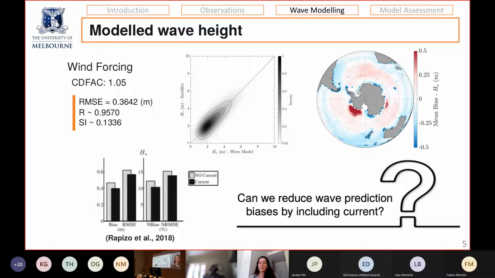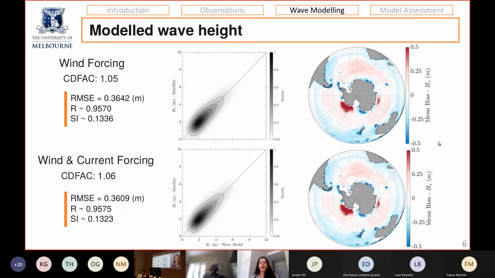Referring to the literature, it is suggested that these biases can be reduced by inclusion of current in the model. So we gave it a try, and bizarrely enough, we realized that there is a slight reduction in the biases in the Southern Ocean, but not much, and the bias closer to the Antarctic continent actually doesn't change at all.